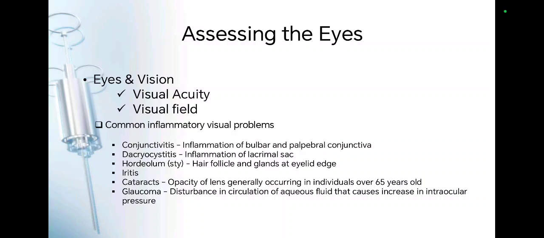Okay, so we have here your glaucoma, or the disturbance in circulation of aqueous fluid, and that causes an increase in the intraocular pressure. Mind you, if you can still remember in your anatomy and physiology, we have actually a fluid, aqueous fluid, in our eyes, because there's no bone structure that holds the eye in place.